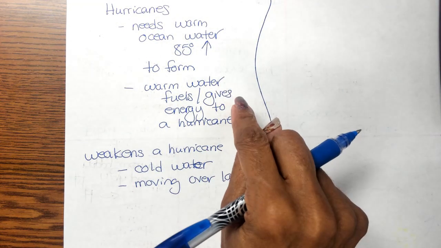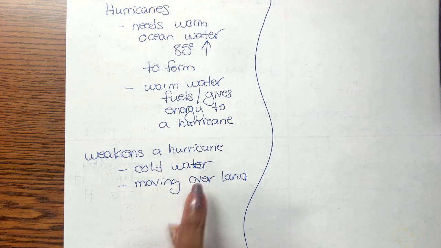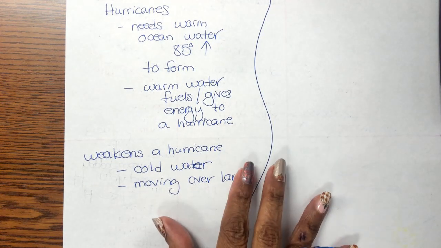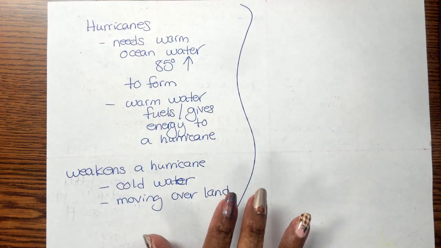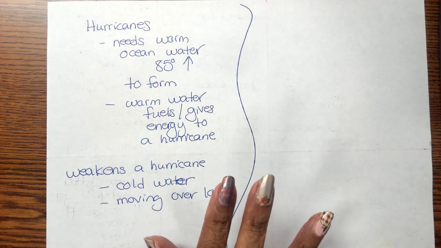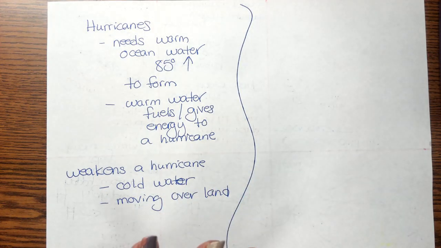So warm water fuels it, cold water or moving over land will weaken it. So that's usually what happens with a hurricane. If a hurricane, for example, is in the Gulf of Mexico, it might be a category, let's say 3, but then when it hits land, it will weaken to maybe a category 1, and then it eventually becomes a low pressure system, which brings lots of rain and wind and all that.